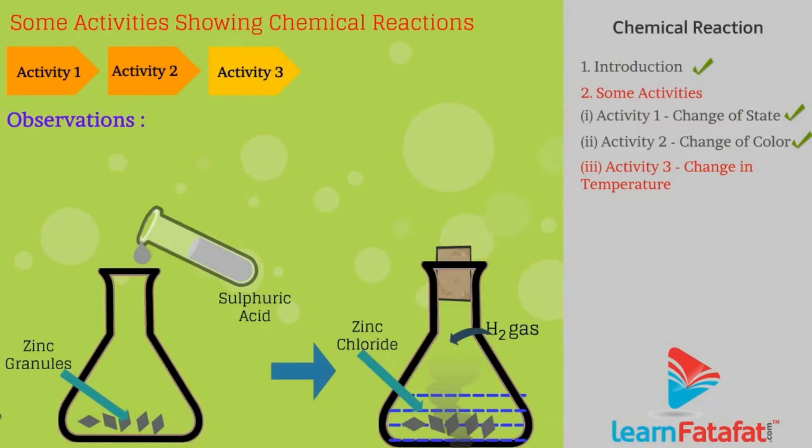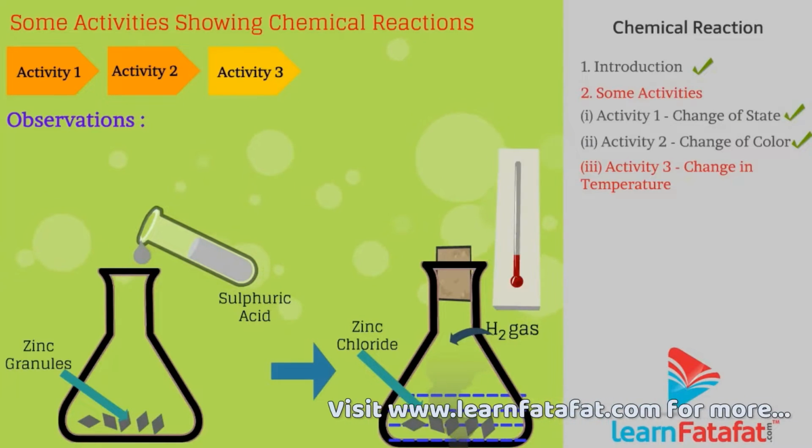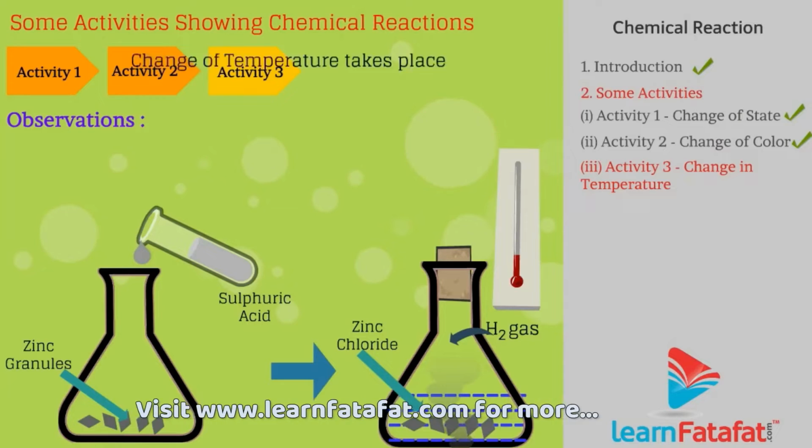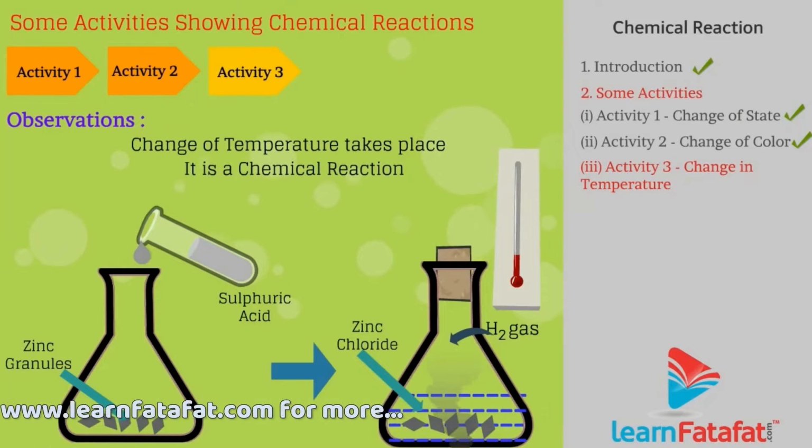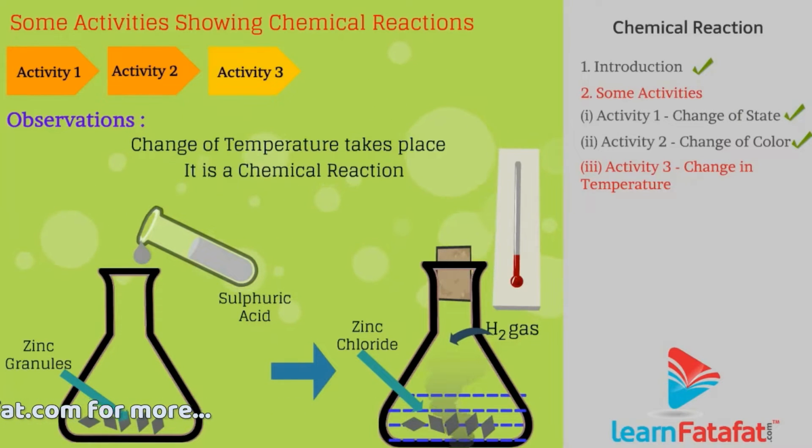Here, zinc reacted with dilute sulfuric acid to give zinc chloride and H2 gas. In this reaction, sulfuric acid is added to zinc granules, due to which gas has evolved and change in temperature takes place, which specifies it is a chemical reaction.